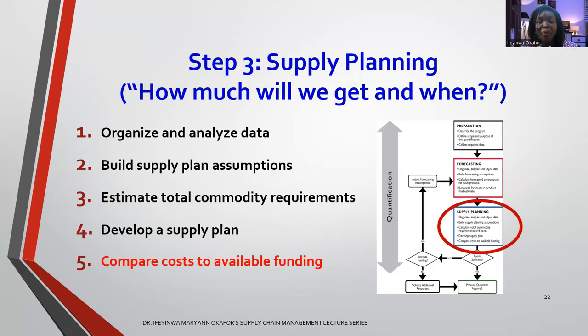When we finish developing our supply planning, we need to compare costs to available funding. Remember we said earlier that no matter what you do, everything boils down to the amount of money available for you to procure the goods. If you finish forecasting and arriving at the cost and the amount that you need, but you don't have the required funds, that means you need to go back or do something else.